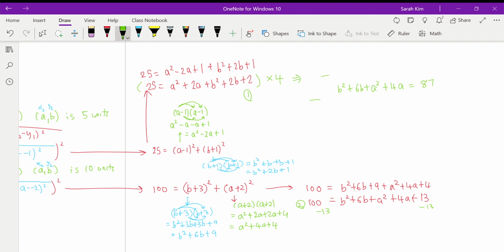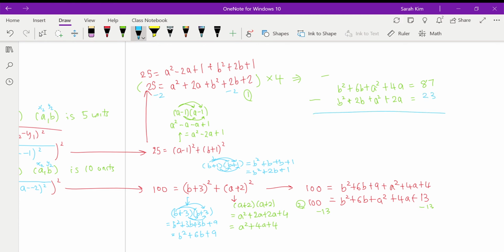Then I'm going to take the second equation and rearrange it so it fits as this, b squared, and then I've got 2b, and then an a squared, and then a 2a, and the constant would be take 2, so it would be 23.